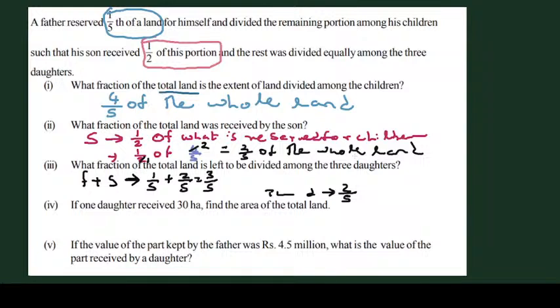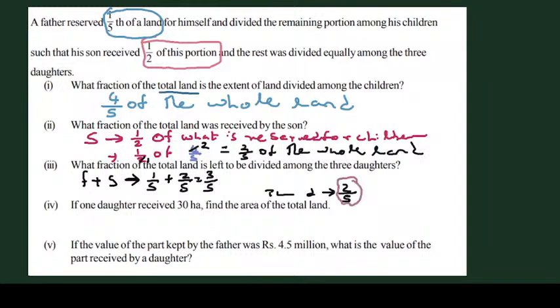Right. So they have given us the extent of the land a daughter got. That is 30 hectares. But do we know the amount of land a daughter got as a fraction? No. What we know is all three daughters got 2/5.